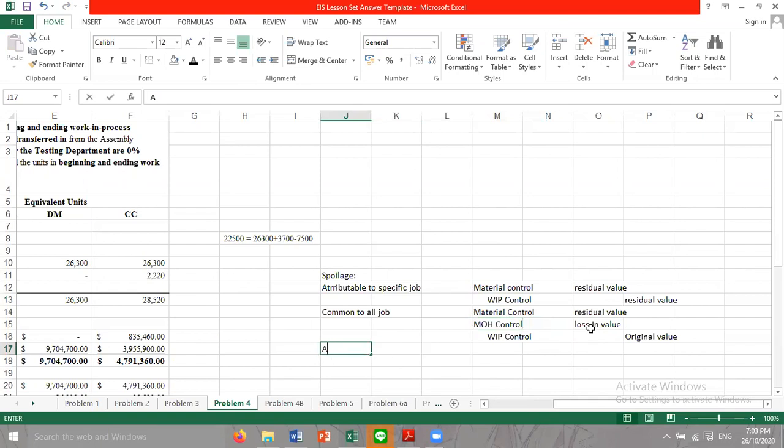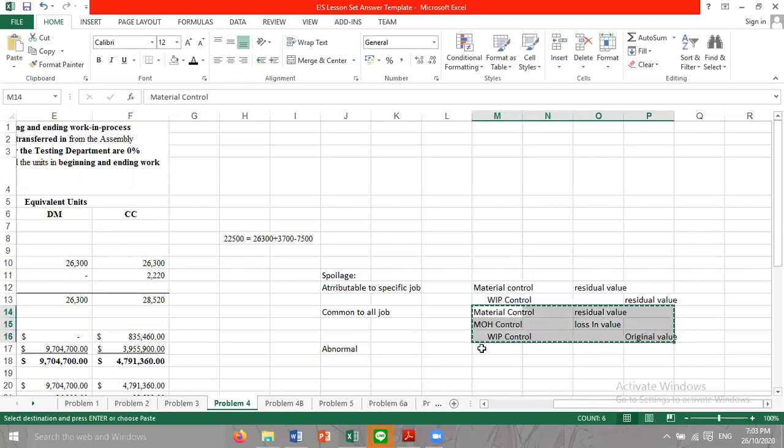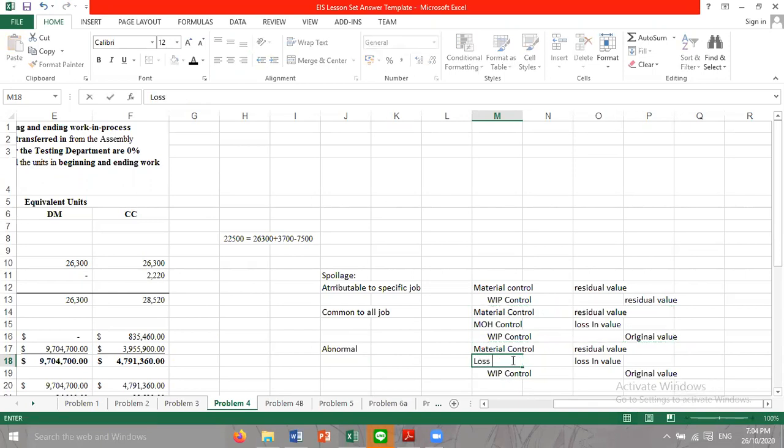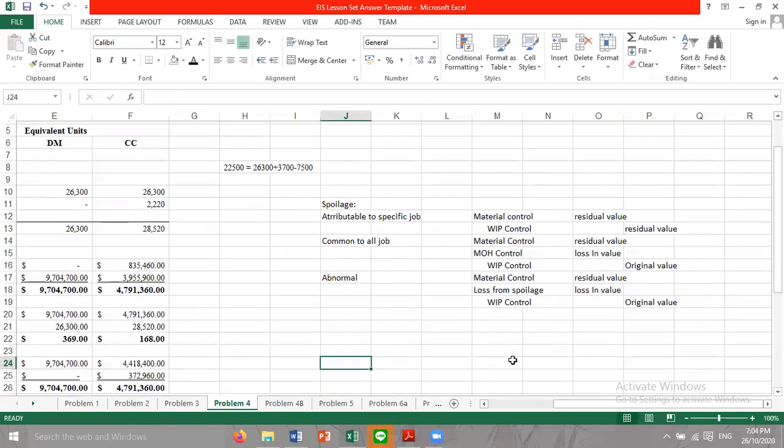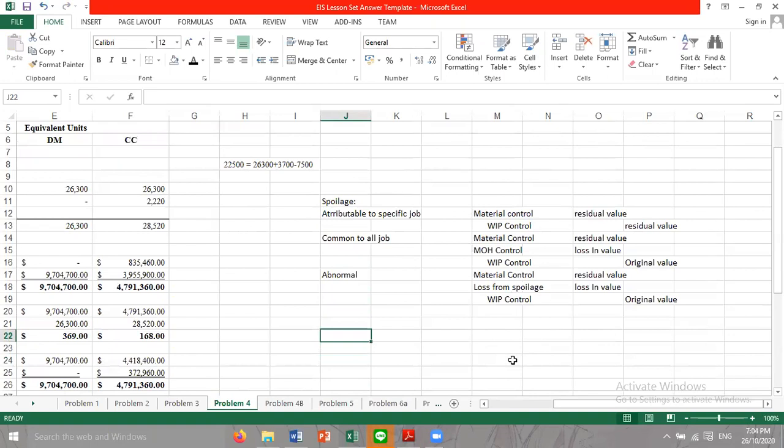What happens if it's abnormal? If it's abnormal, it's pretty much the same principle as common to all jobs. But instead of allocating to MOH control, since we assume it's abnormal, we just admit it as a loss or as an expense, loss from spoilage. That's for spoilage and the journal entries needed to make it.